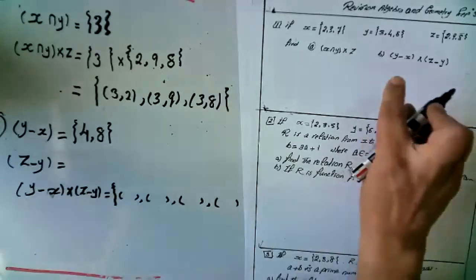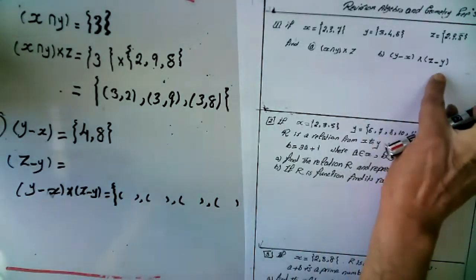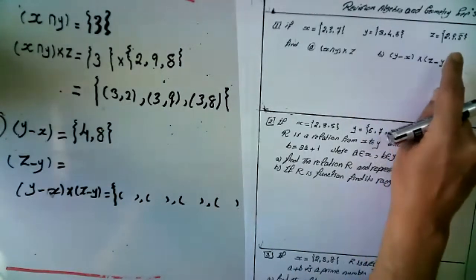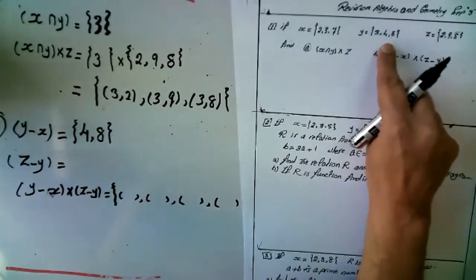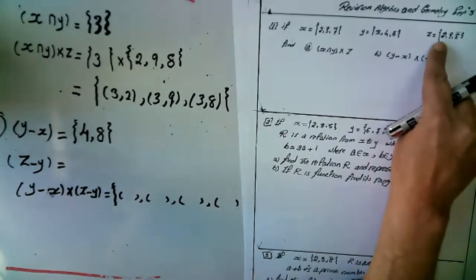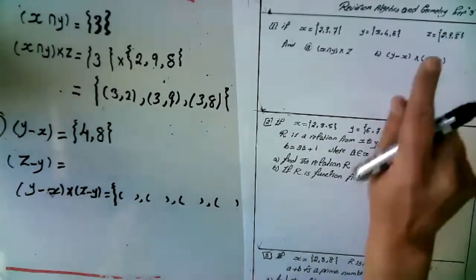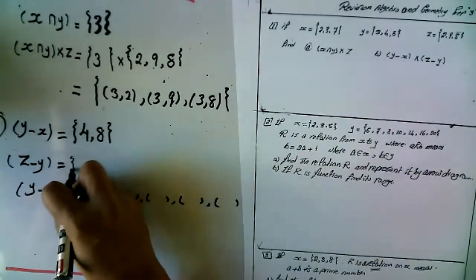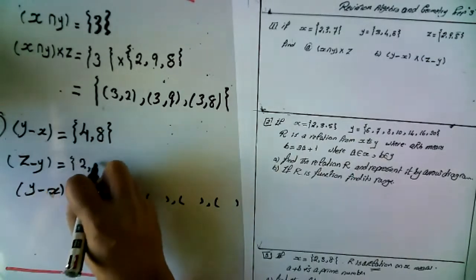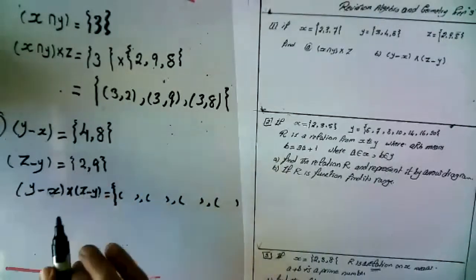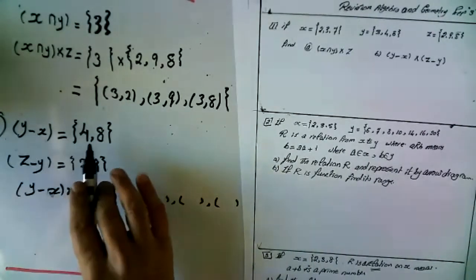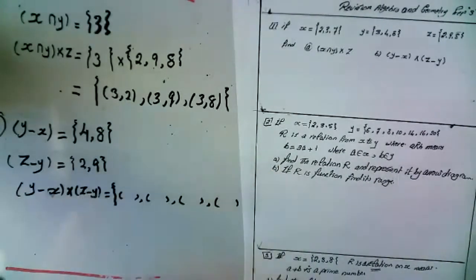Z difference y: the elements which are in the set z and not in the set y, which are 2 and 9. Now we will get the Cartesian product of {4, 8} and {2, 9}.